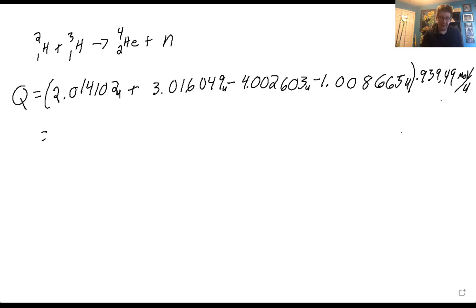And so that's 5 significant figures, and you multiply by 939.49, and you get 17.740 mega electron volts. Okay, so that's the amount of energy that's released in that fusion reaction.